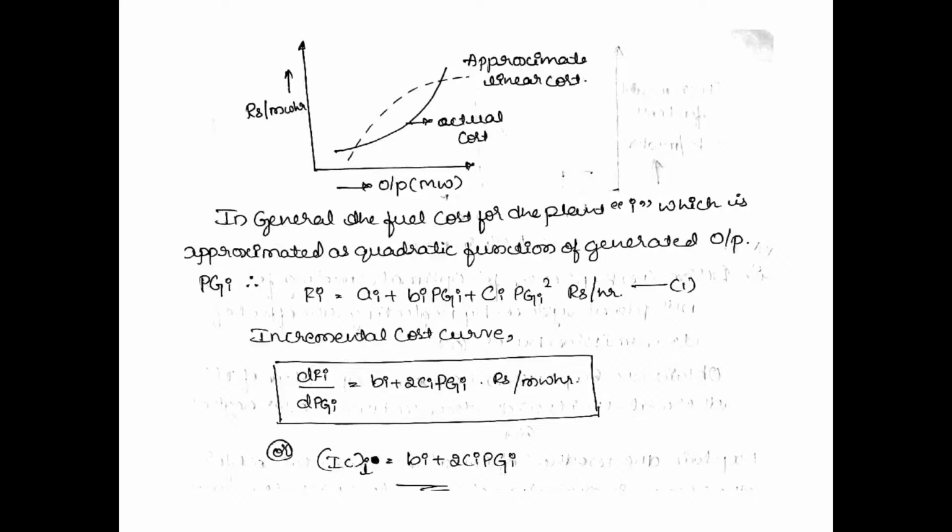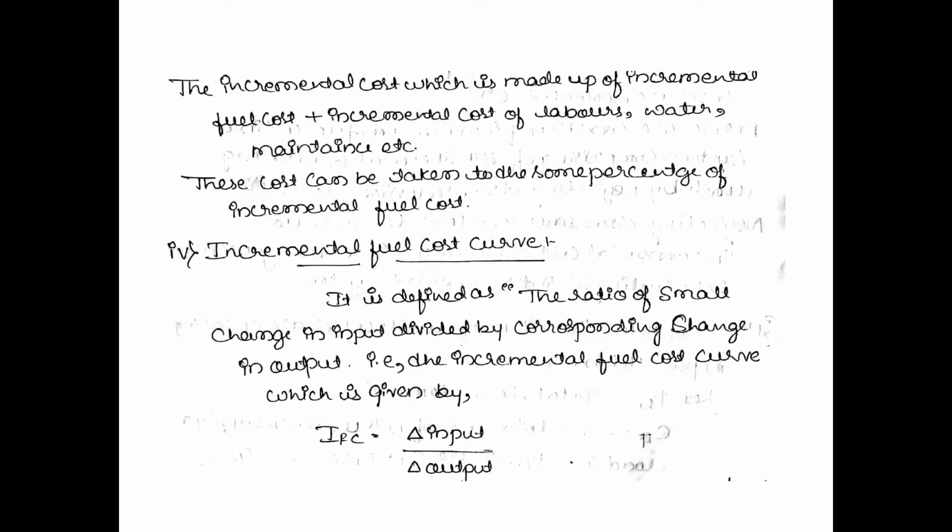The incremental cost is made up of incremental fuel cost plus incremental cost of labor, water and maintenance. This cost can be taken as some percentage of the incremental fuel cost.